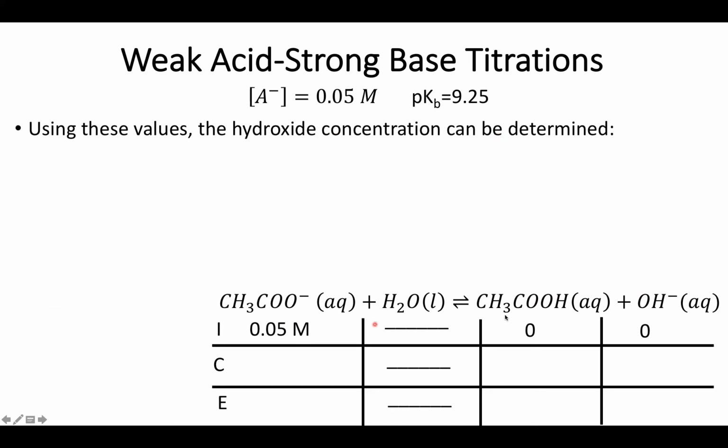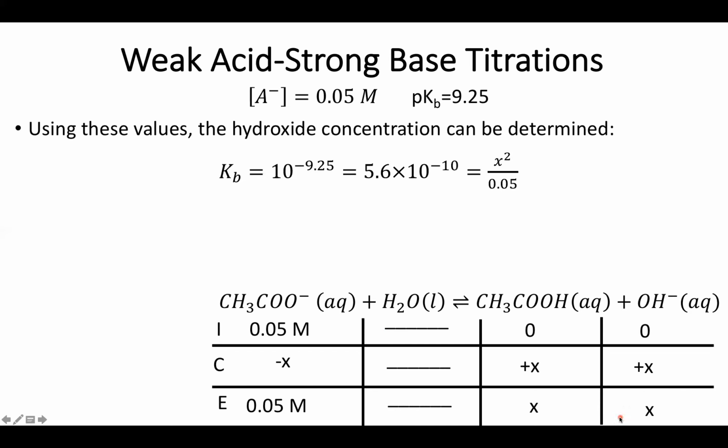So we go past the point, assuming that we just made acetate, and figure out how much back reaction we have. So at this point, I know I'm consuming my acetate, generating some hydroxide, and we're going to assume that the amount of acetate consumed is essentially negligible. And then using that to figure out the concentration of the hydroxide.